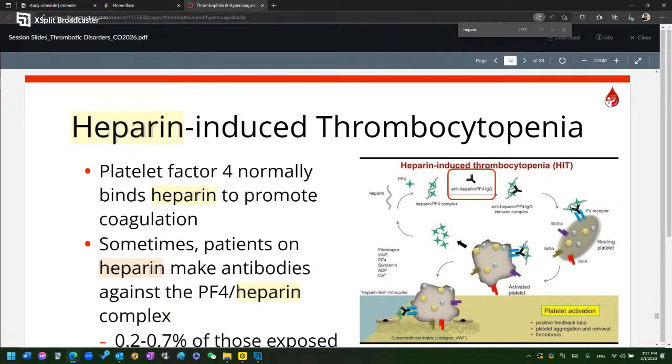Heparin's supposed to make them bleed less. Sorry, it's supposed to make them clot less.